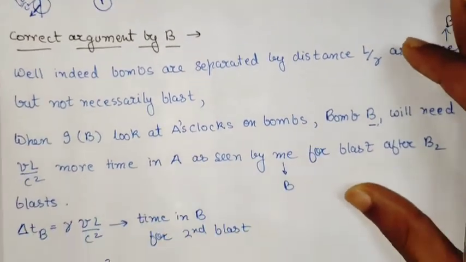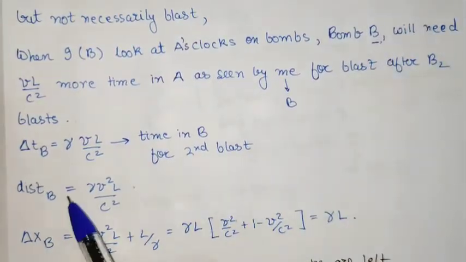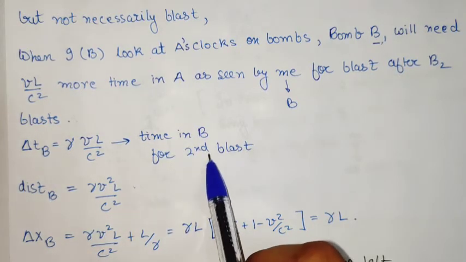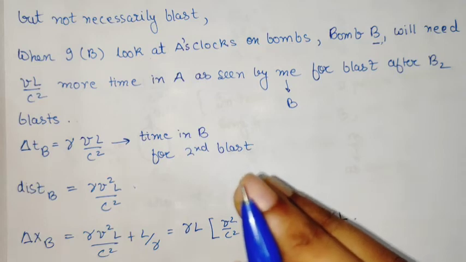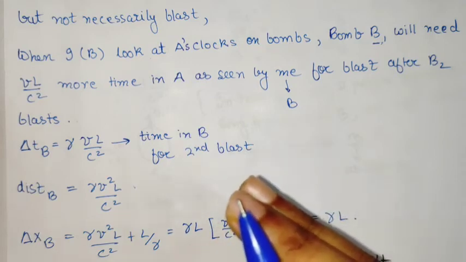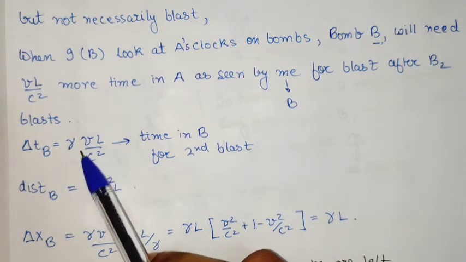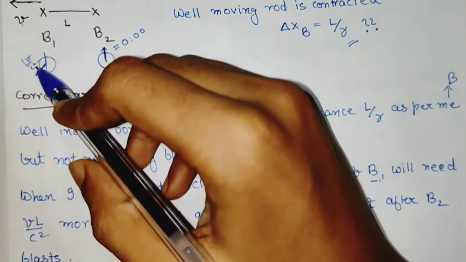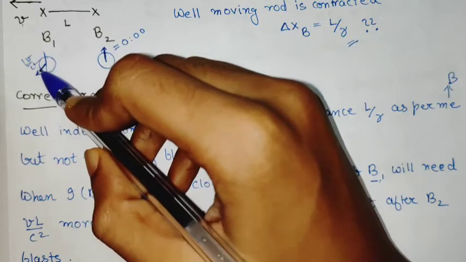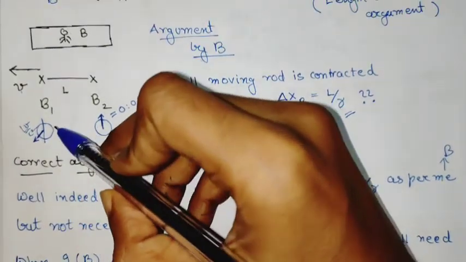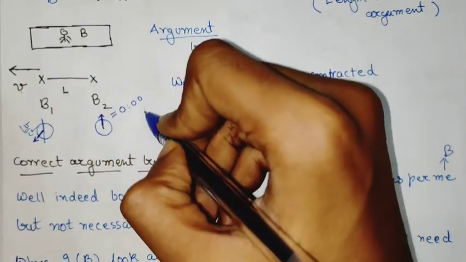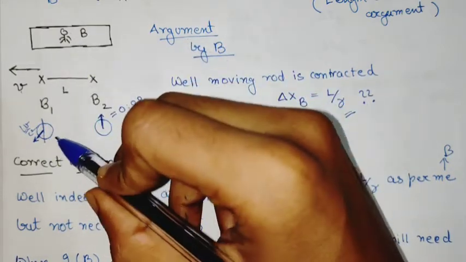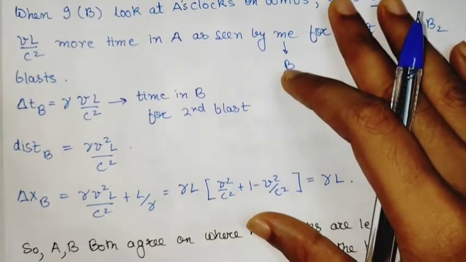So this means the time difference of the second blast as measured by Bob will be gamma times VL over c square, because this VL over c square is the time that Bob sees on frame A, but he needs to find his own time, so there will be a factor of gamma multiplied.